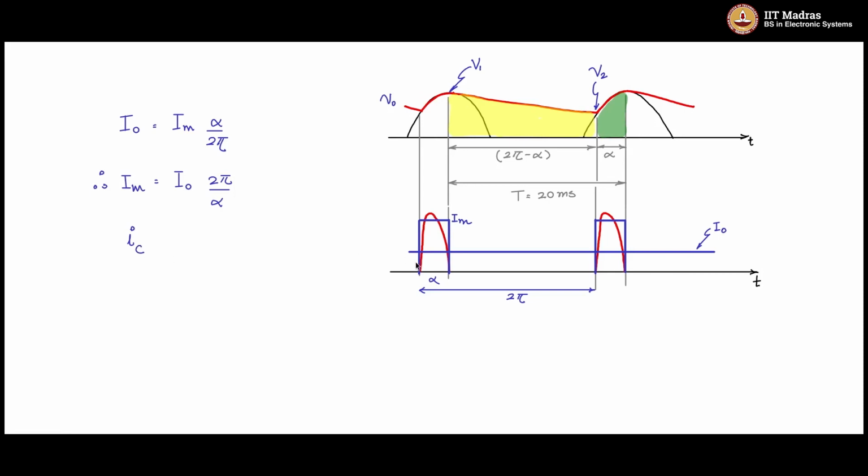Now IC, as I said, is this diode current minus the average value, minus I naught. So this is the capacitor current.